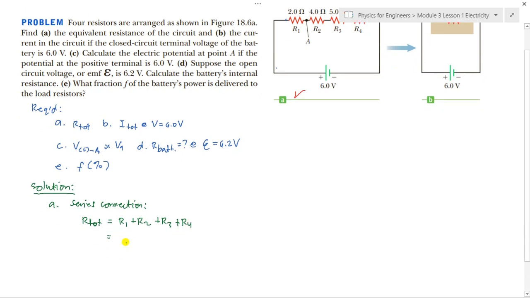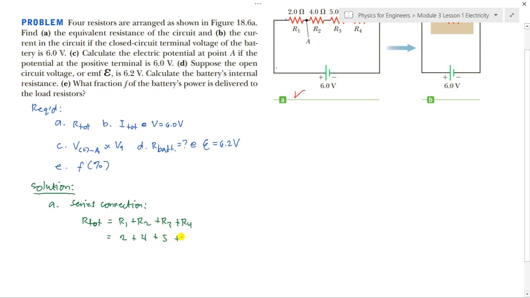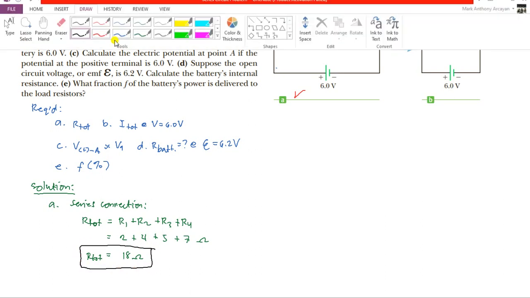Here R1 is 2 ohms, plus R2 is 4 ohms, plus R3 is 5, plus R4 is 7. So ohms ni sila tanan. So the sum is 4 plus 2, 6, plus 5, 11, plus 7, 18. So therefore this one is 18 ohms. So the total resistance is 18 ohms. So na tayo usa ka answer. Total resistance 18 ohms. Then let's proceed to letter B.